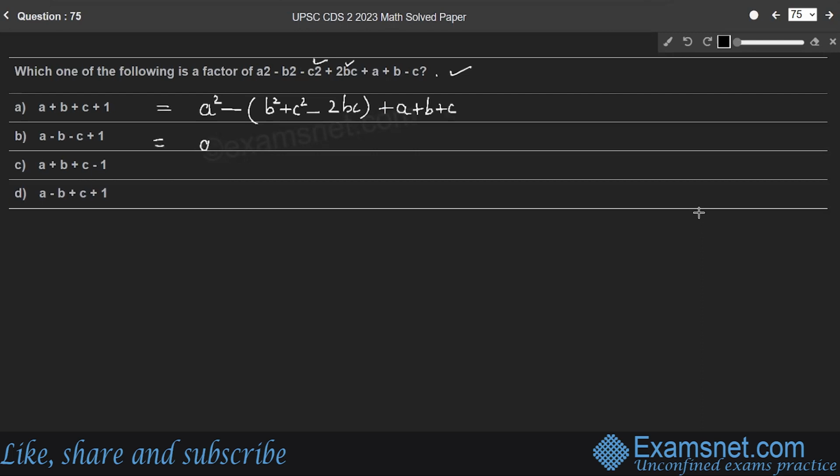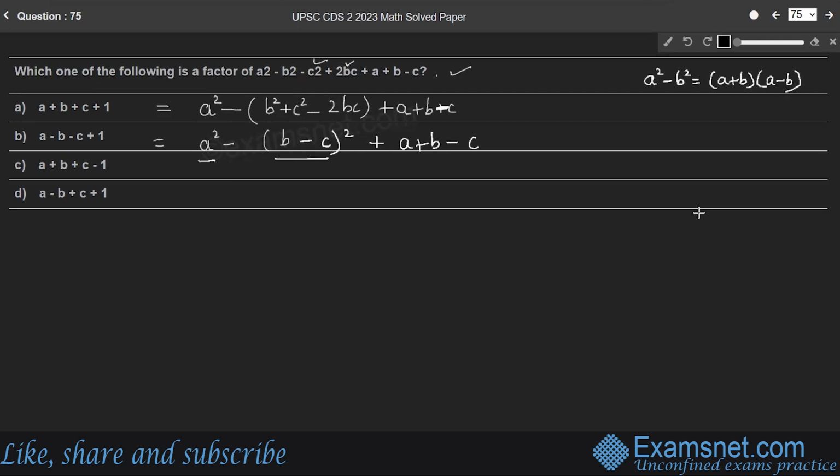Therefore, a square minus, here b square plus c square minus 2bc is nothing but b minus c the whole square. So plus a plus b minus c. Take the first two terms, which are in the form of a square minus b square, which is a plus b into a minus b.